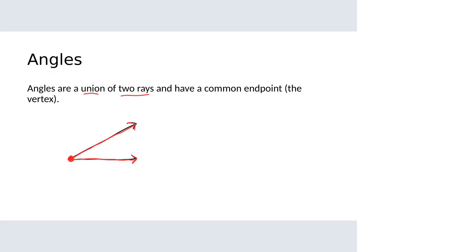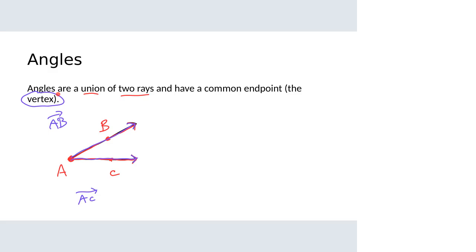If we were to label this A, B, and C, then up here we have ray AB, and down here we have ray AC. So it's the union of two rays that have a common endpoint. That common endpoint we're going to call the vertex.